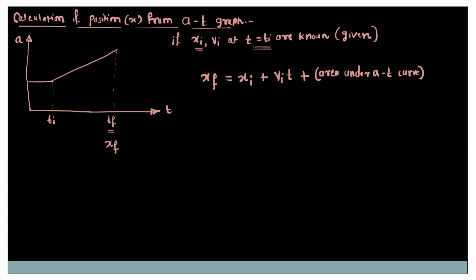So this area under the AT curve, it is the area between this two time limit Ti to Tf. Okay. So for this case, we have to consider this total area. So we can divide this. So first we have to consider this triangle and then we have to consider this rectangle. Okay. So this total area is nothing but the area under the AT curve from time Ti to Tf.